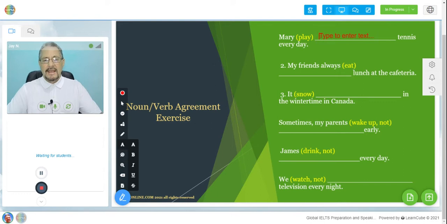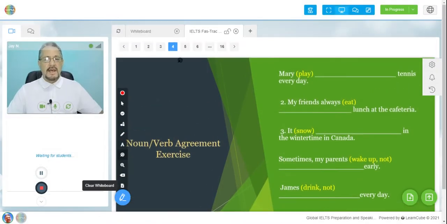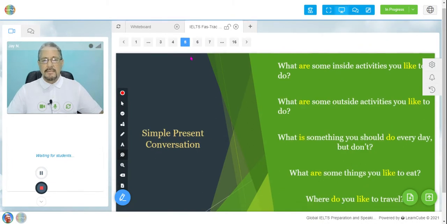Like Mary plays tennis every day. So what we're doing here is basically we're checking for the simple present, yes, but we're checking also that the noun and the verb agree. This is a common mistake in English. So we go through and do a little short exercise to check those things.